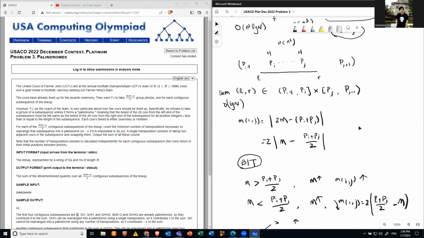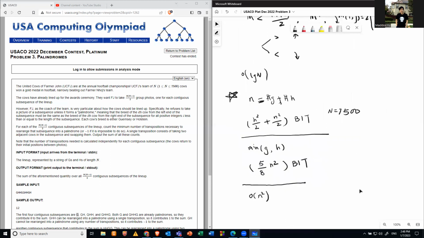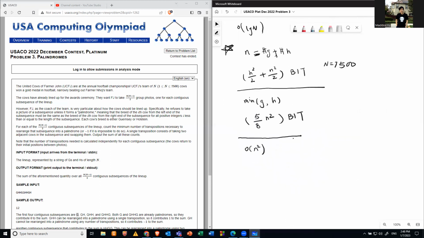If you change the segment one step at a time and use a pointer to identify where the middle is, instead of using BIT for log n, you can do that update in O(1). I'll leave that as a homework if you're interested, a slight improvement and more improvement.